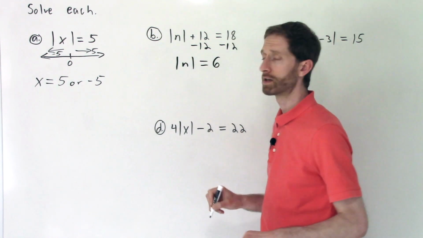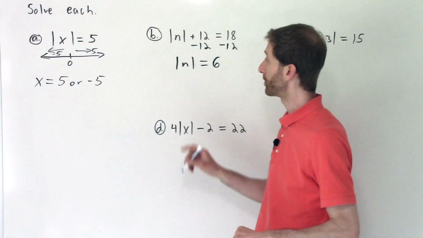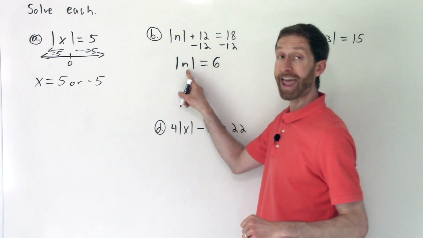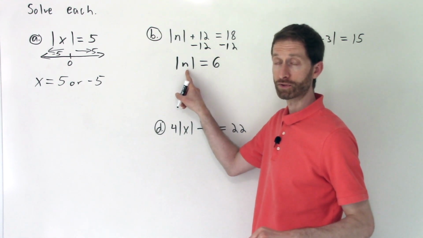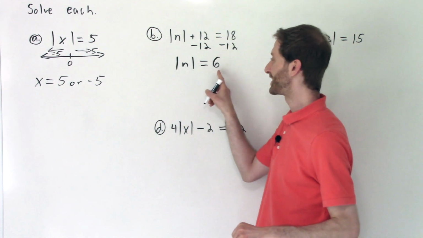Now this reads, and I would read it out loud like I'm doing it when you're doing the problem, the absolute value of n is 6, or the distance that n is from 0 is 6, right?